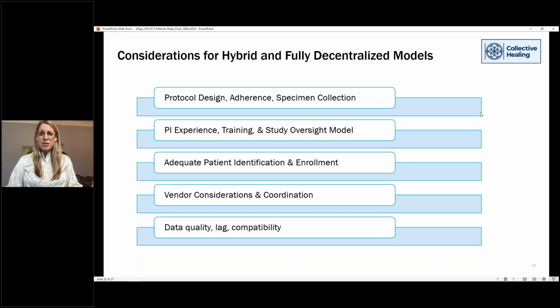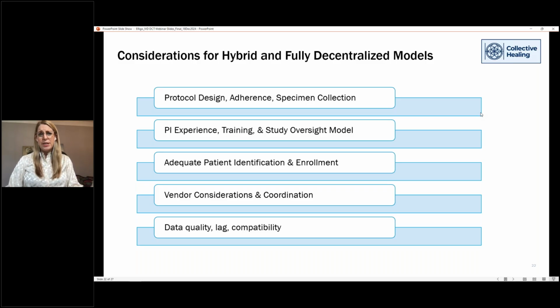Some critical considerations for manufacturers and sponsors, as well as the partner or CRO that should have strategic recommendations and solutions, are focus on approaches for reduced patient burden to optimize adherence and sample collection, considering full DCT designs for protocols with a single blood draw or specimen collection, and evaluating centralized PI experience and training where unique, optimized communication plans are especially important when the study is a hybrid DCT.